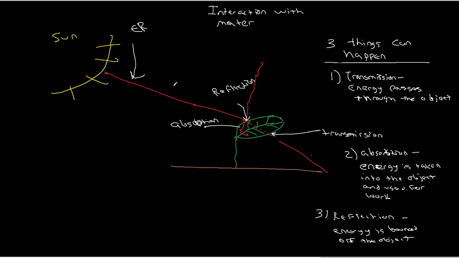Again, we can see that in the diagram. It hits the leaf, bounced off the leaf. And I'm going to put a big star here. Reflection, this is key to remote sensing.